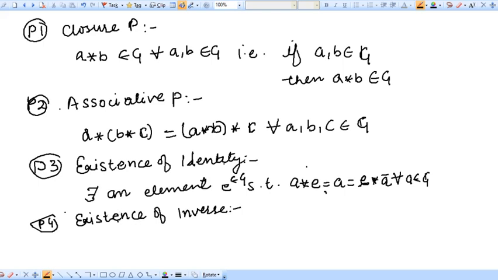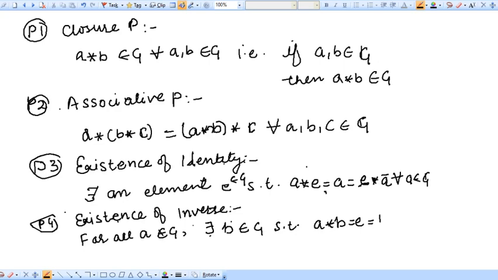That is, for all A belonging to G, there shall exist another element B belonging to G only, such that A star B is equal to E in either way. So this is the fourth property.